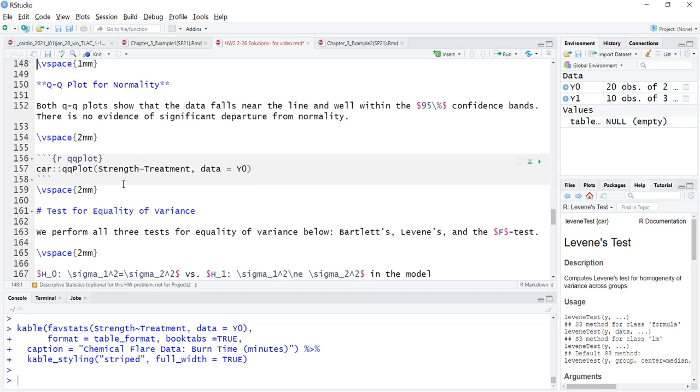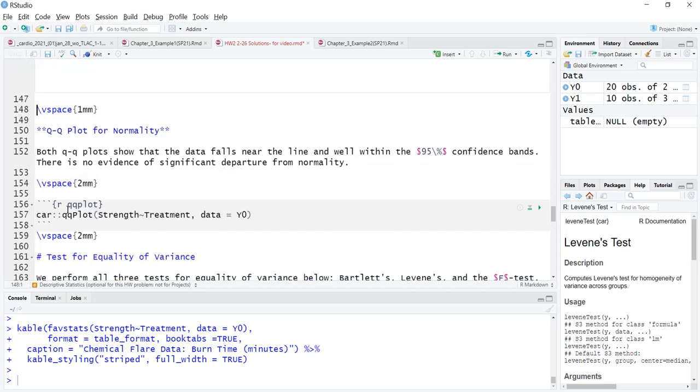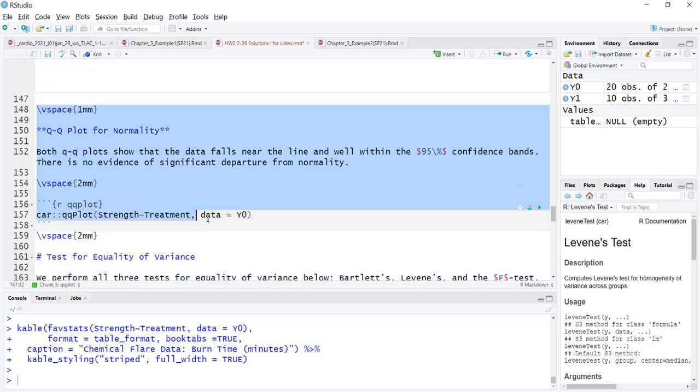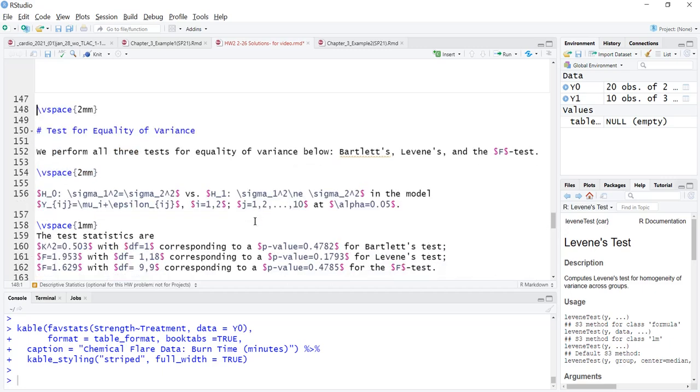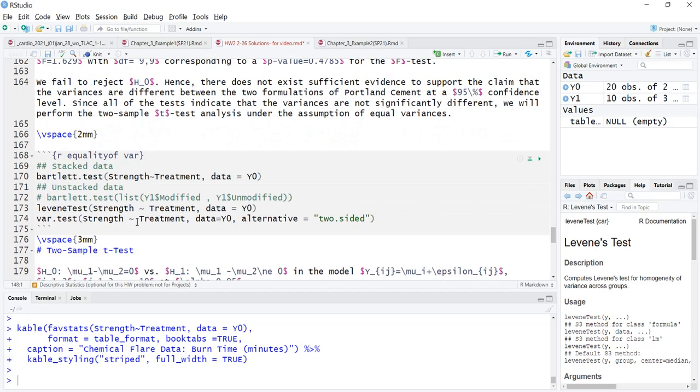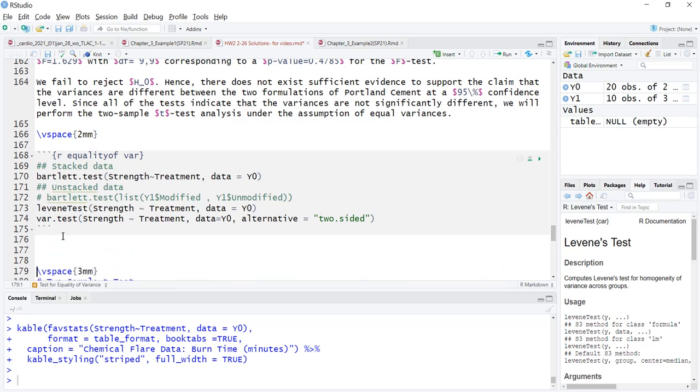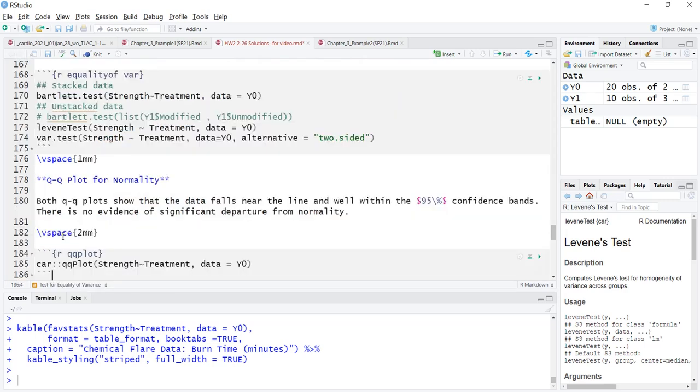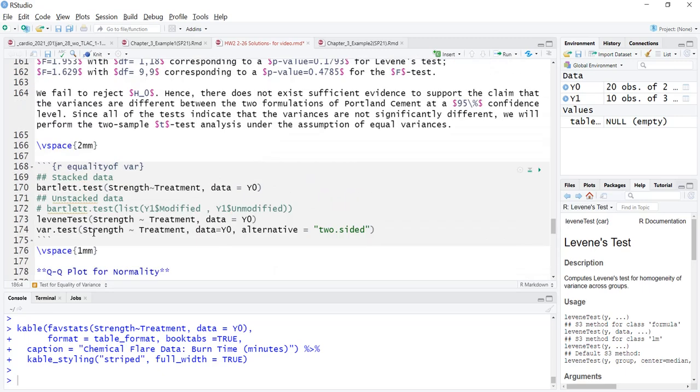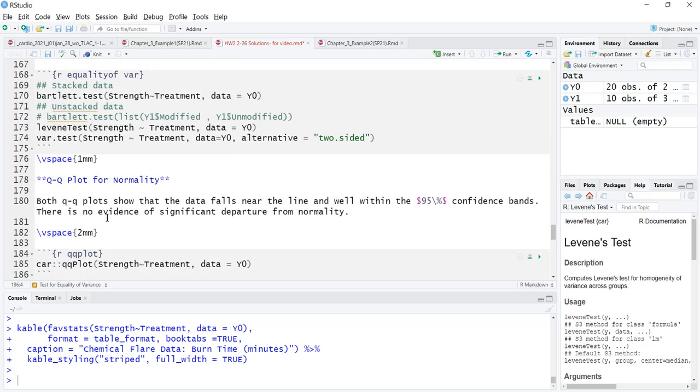Okay, so I want the equality of variance next. So what I'm going to do is take this QQ plot and cut it and paste it below here before the two-sample t-test. Okay, so actually, undo that.